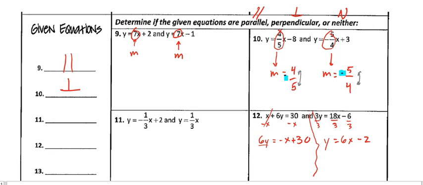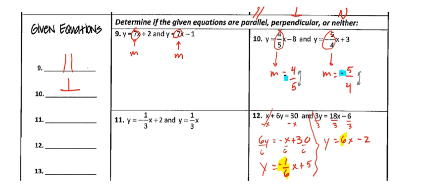And this one, if you divide by 6 on both sides, I'm getting y equals negative 1/6 x plus 5. Well, 6 and negative 1/6, those are opposite reciprocals, which means they're perpendicular.